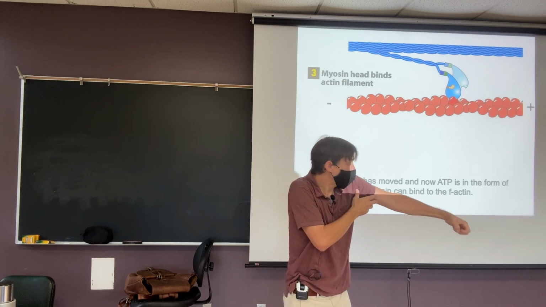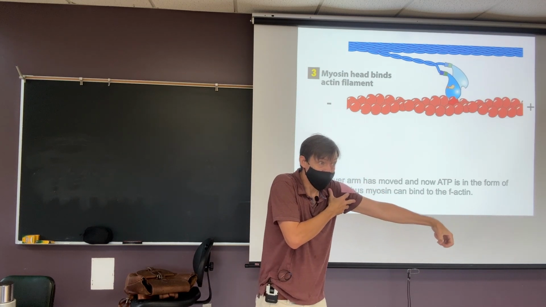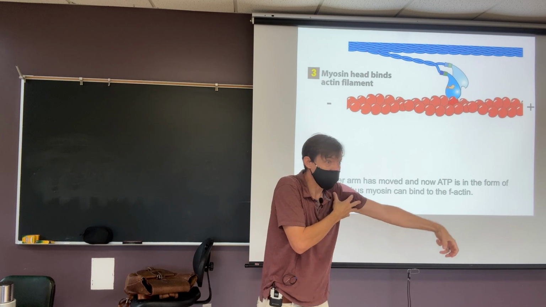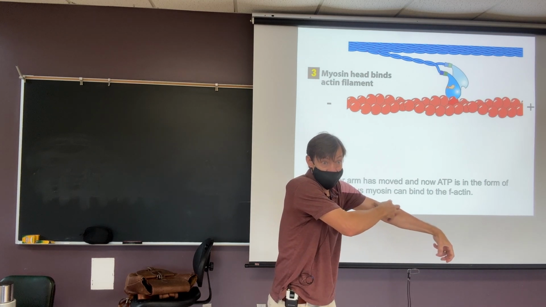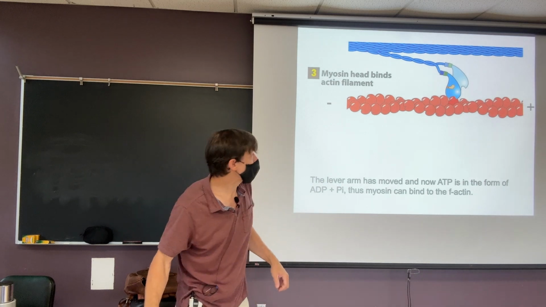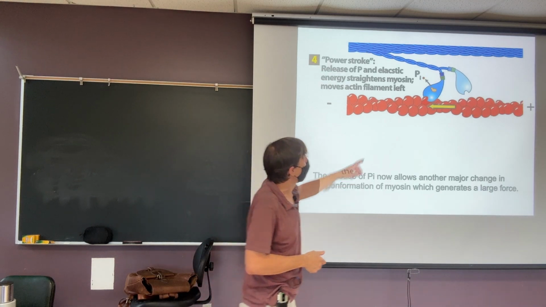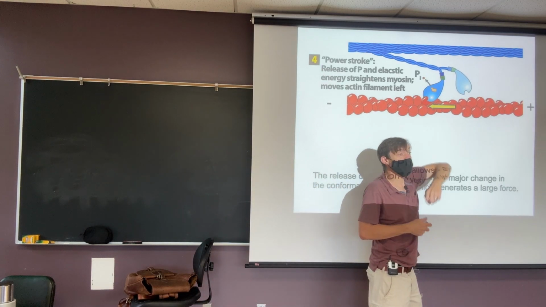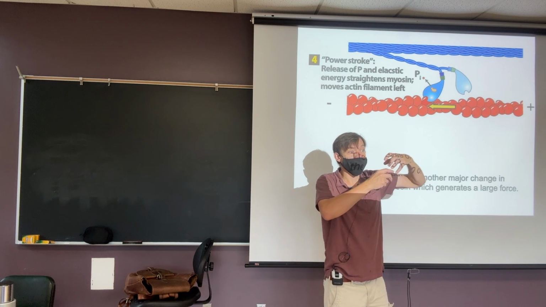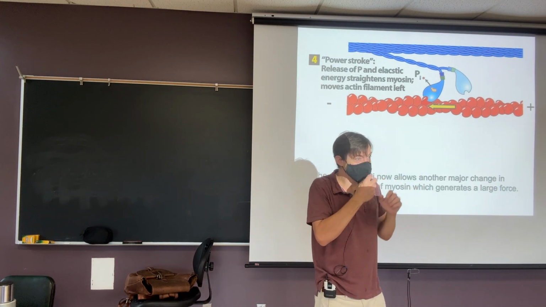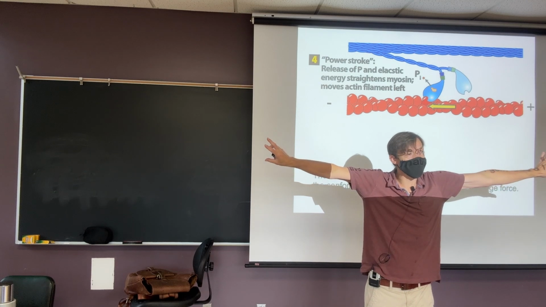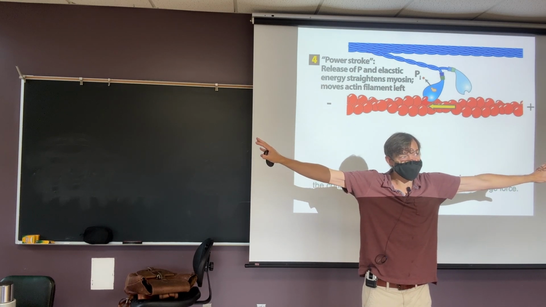So right now, we've got that myosin head bound to the actin filament, and there's this massive phosphate sitting in there. The next thing that's going to happen is that phosphate is going to pop out. You can imagine that phosphate is pushing everything apart, keeping the molecule extended.